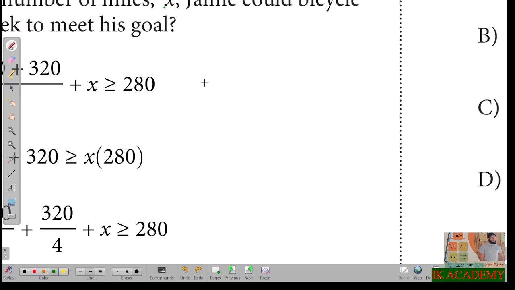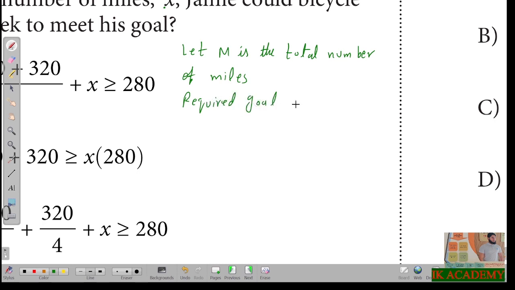Let's say m is the total number of miles. Thus the goal can be represented as, the requirement is that he has to travel 280 miles per week.